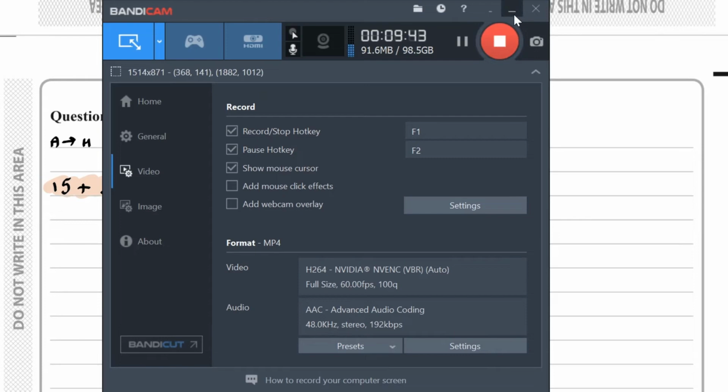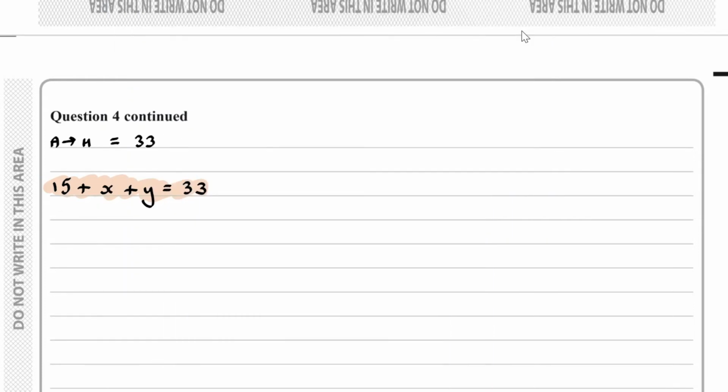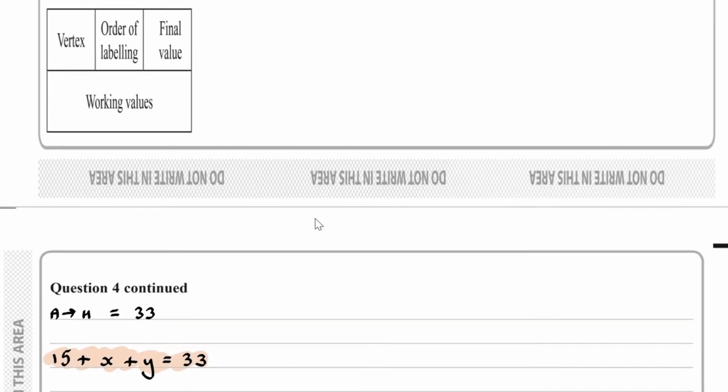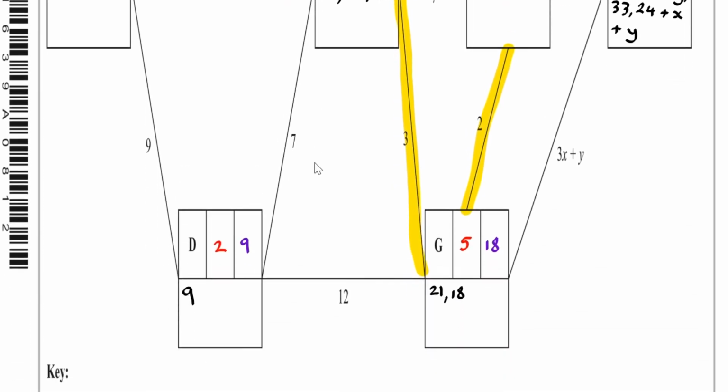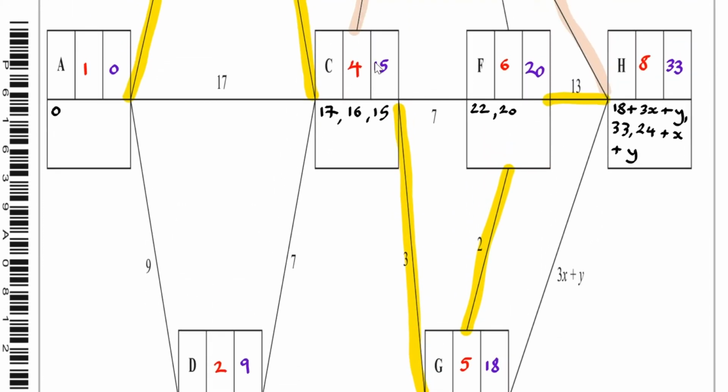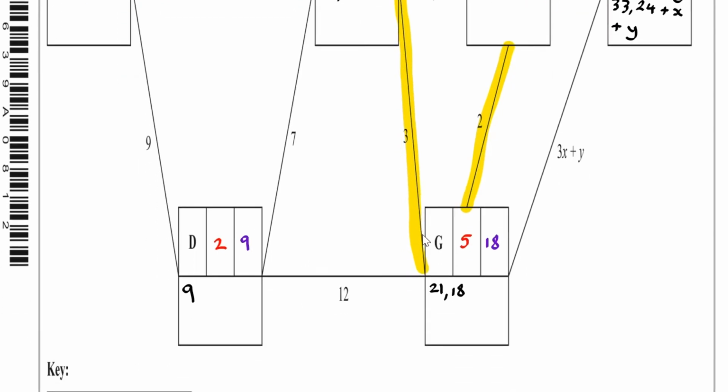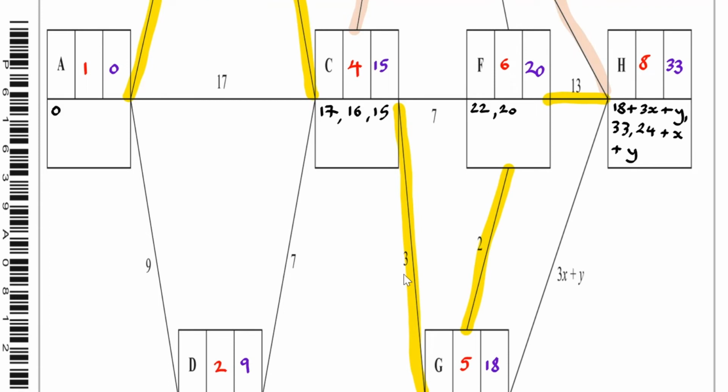That was one of the other routes we could take. And again, from C, well, from C we can go to G. We also know that that's critical as well. And then we can also go from G to H here.